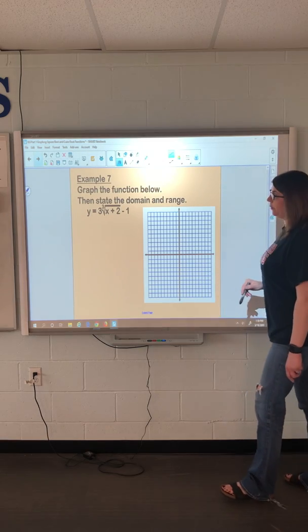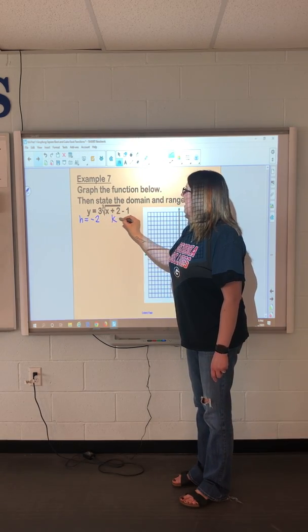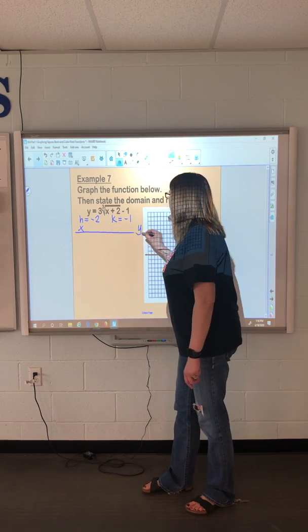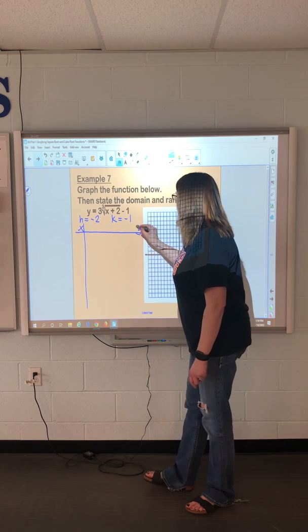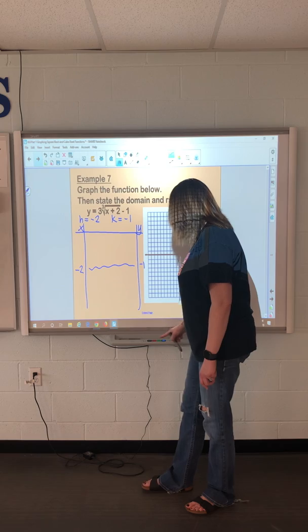All right, let's try another one. H is going to be negative 2. K is negative 1. Remember, this is no longer the starting point. It's the middle point. So we're going to put it in the middle of our table of values.